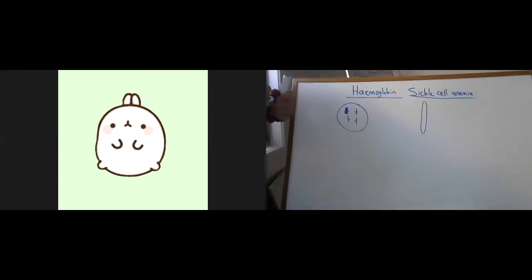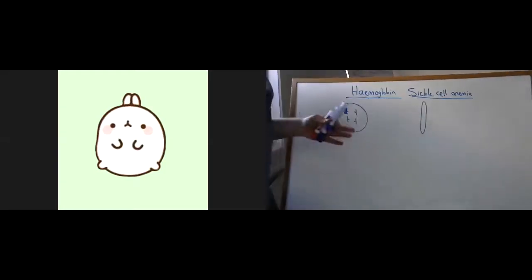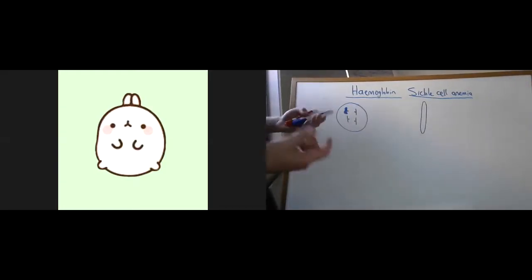And unfortunately, a person with sickle cell anemia doesn't have a very nice life because they can't carry much oxygen around.